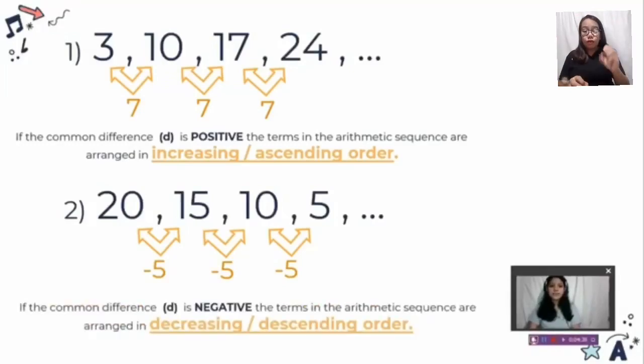While if the common difference d is negative, the terms in the arithmetic sequence are arranged in decreasing or descending order. Ibig sabihin nito, kapag negative ang ating d or common difference, ang terms natin ay decreasing or pababa.